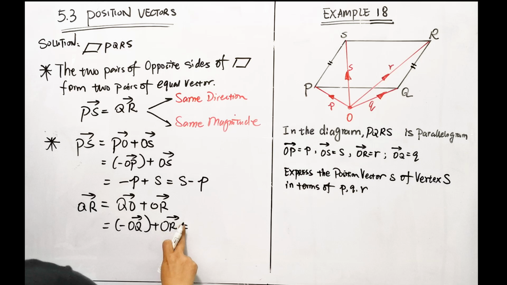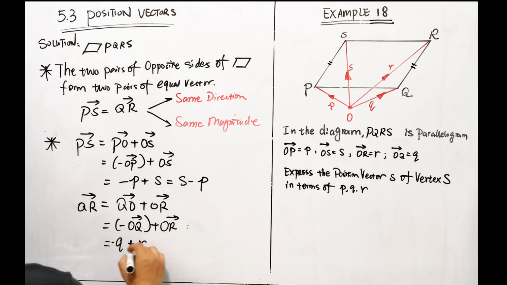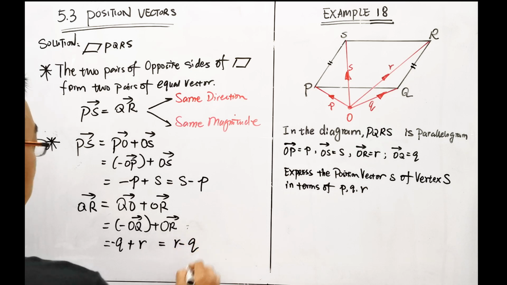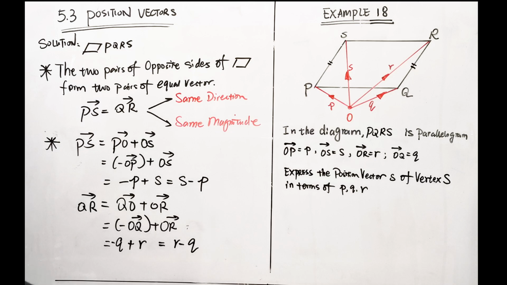So we get minus OQ, which is minus Q, plus R. So this equals R minus Q, right? Since we know this, we can surely find the answer.